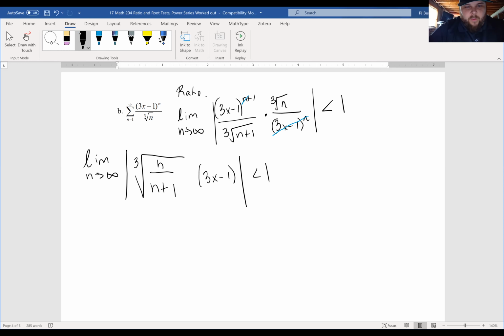The n's have no way of being negative because they run from 1 to infinity. So I'm going to take this 3x minus 1, leave it in the absolute value, and pull it out in front. And then in here, I am going to rewrite this by dividing everything by n.